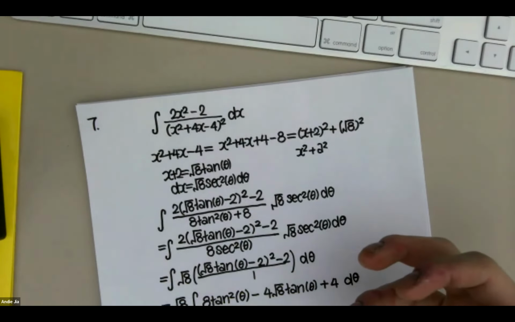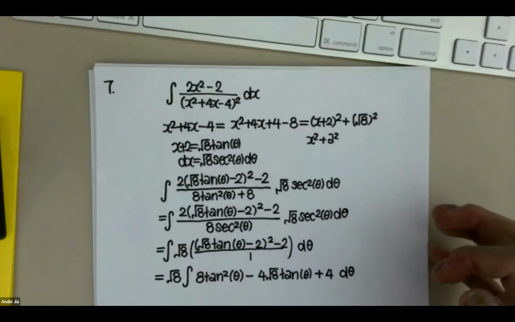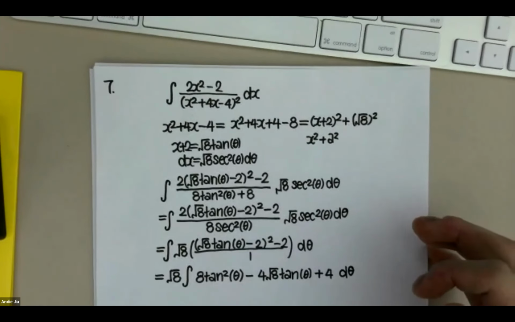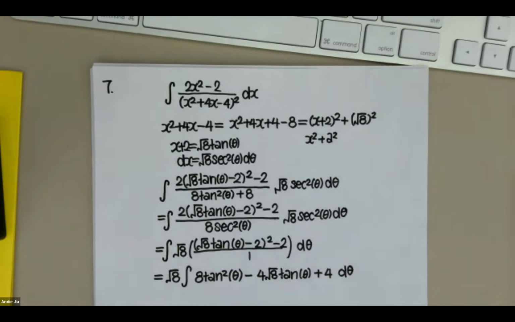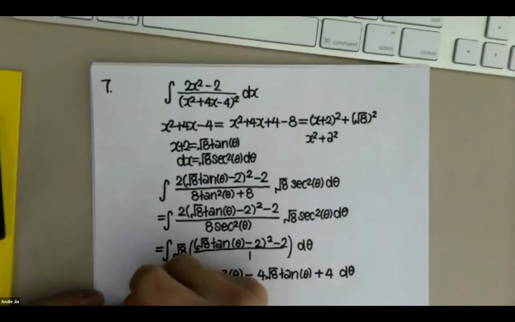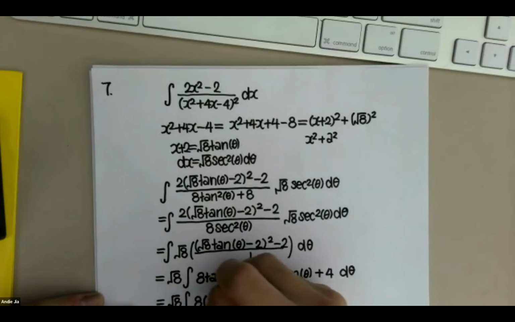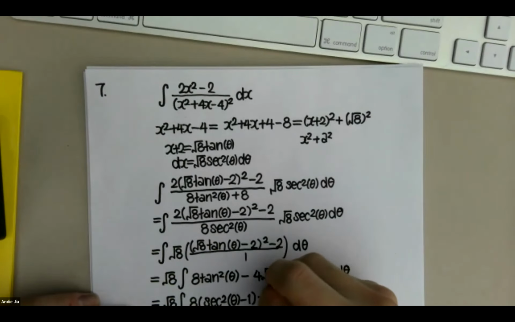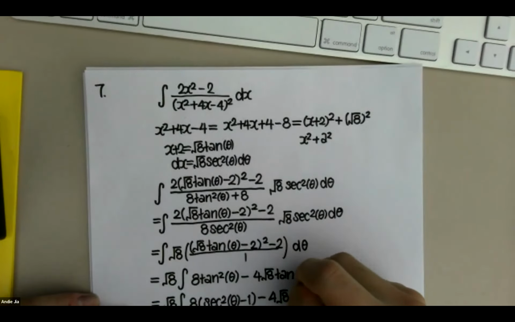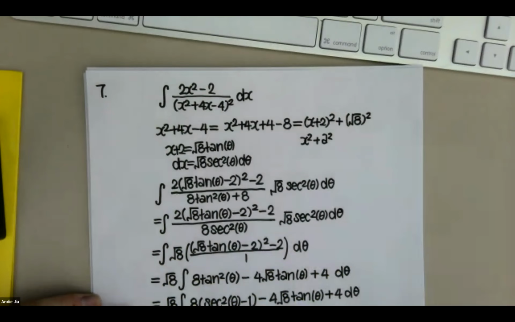Now we just try to integrate this tangent squared. For tangent squared you might think it is hard to integrate, but here's the trick. The radical 8, they're the same, and you put them as 8 secant squared minus 1, minus 4 square root of 8 tangent of theta plus 4 theta here.